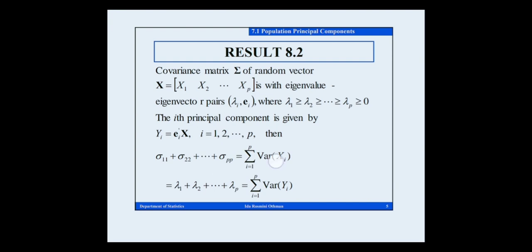Daripada variance covariance matrix big sigma tu. Sigma 11, sigma 22, ini semua adalah daripada main diagonal from your big sigma matrix. Sebenarnya total of the variance of x equal to total of the variance of y. So bila you ada variance covariance matrix of x, you also can find the summation of variance of y sebenarnya, and it is also equal with the summation of all the lambda ataupun eigenvalue.